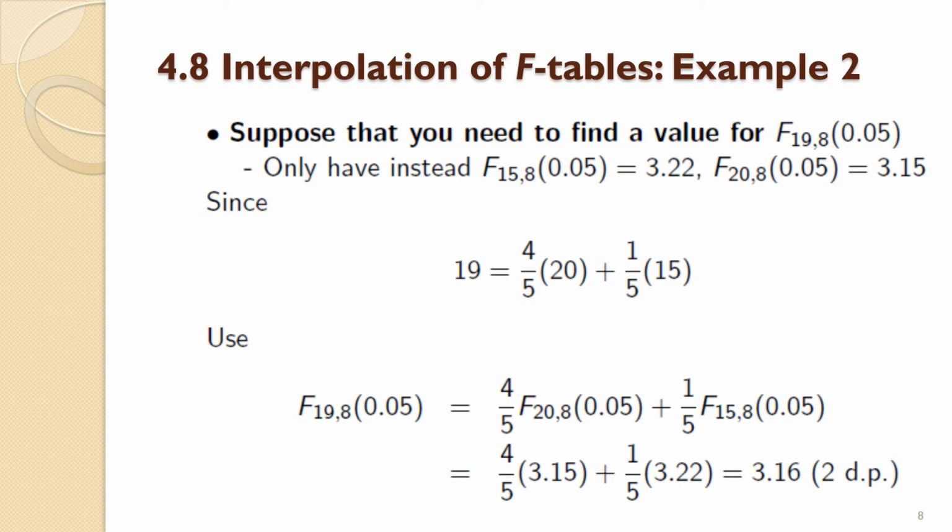So since you're 4/5 of the way to 20 and only a fifth of the way towards 15, it's natural that you would interpolate this as 4/5 times the F20 value plus 1/5 times the F15 value, and it should give you, once you do this, a value for 19.8 of 3.16.